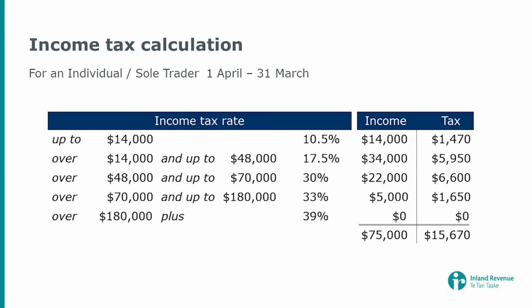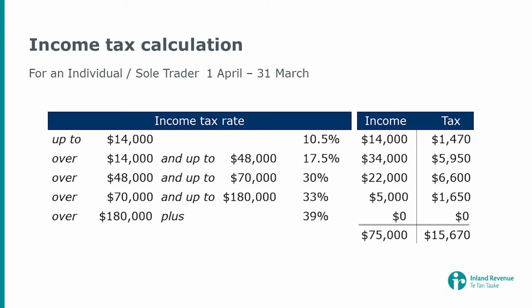In the original example back at slide 1, we had a sole trader whose gross sales were $125,000, expenses of $50,000, which created a net profit or taxable income of $75,000. Let's use those same figures here. The first $14,000 is taxed at 10.5%.